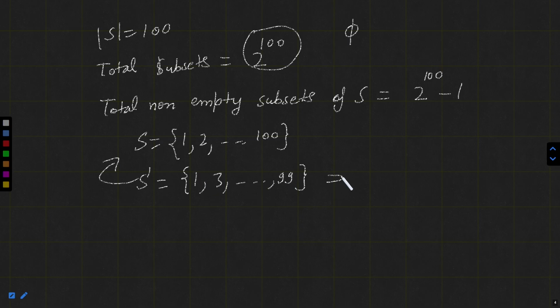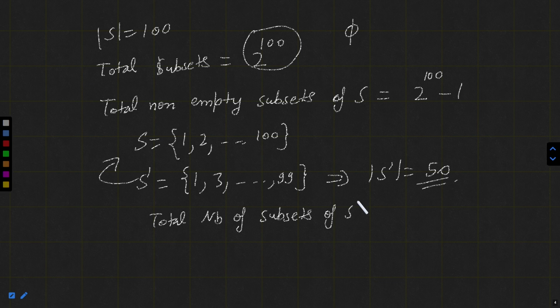So the cardinality of S dash is 50. Simple. So the total number of subsets of S dash will be 2 power 50.